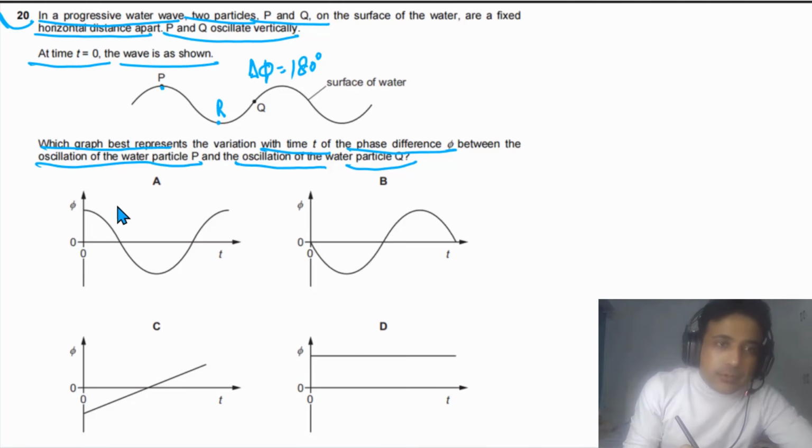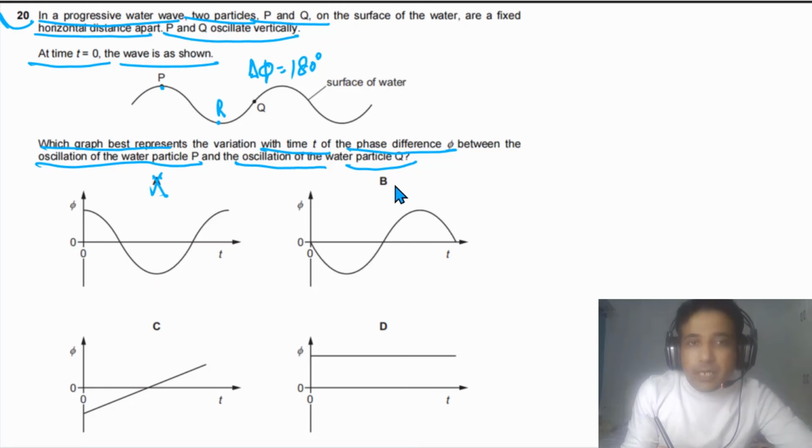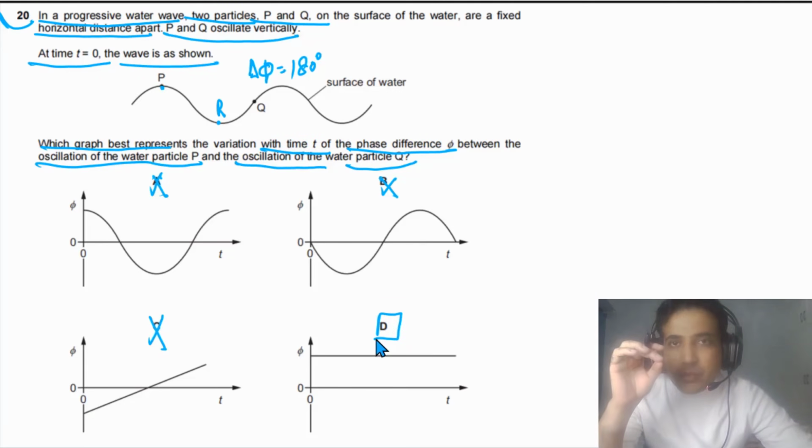If you look at A, it is not a possible answer, so this is incorrect, because this is telling you the phase difference is changing with time, and this is also telling you the phase difference is changing with time, so this is also not possible. So the correct answer for this one is D, because the phase difference between two particles does not change with time.